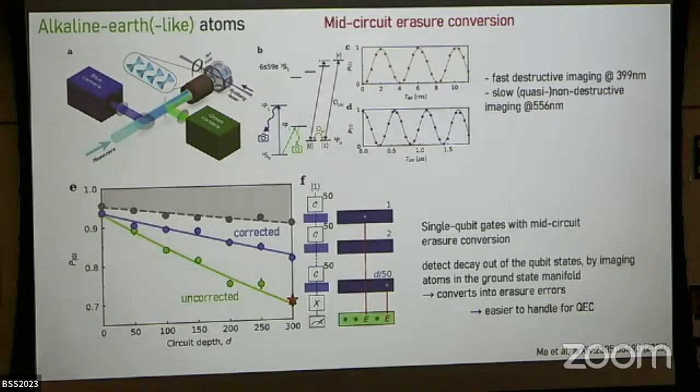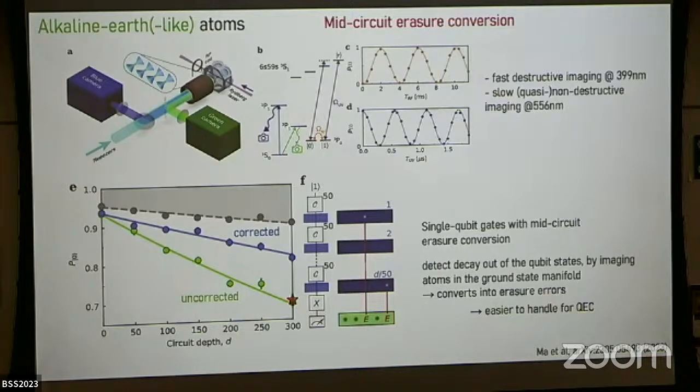So the idea is, what it's doing here is it's performing single qubit gates. And in between the single qubit gates, he does this mid-circuit erasure conversion, which means you have your atoms in the metastable qubit here. And the main source of error is that your atoms can decay to the ground state.